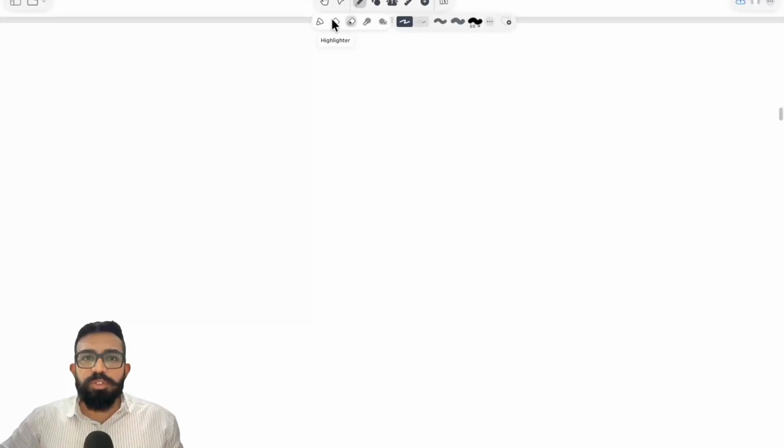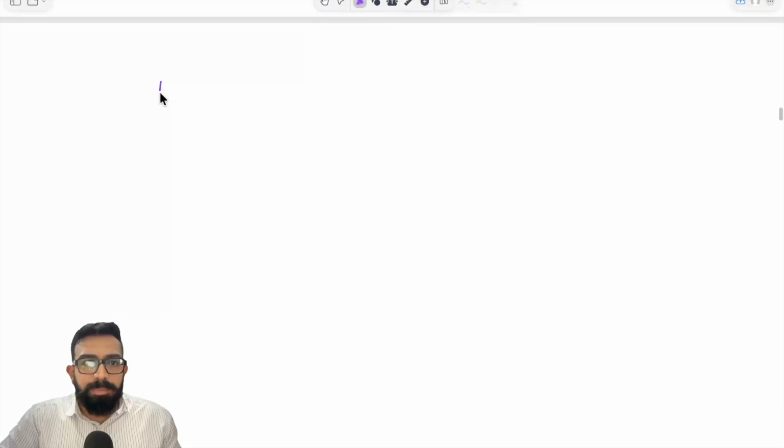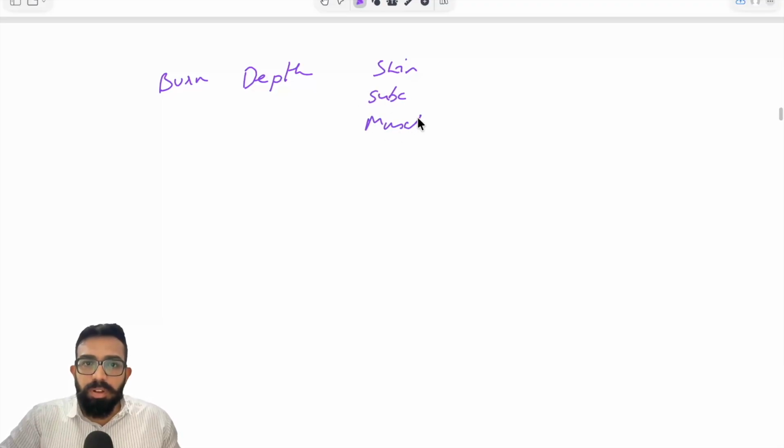Now, when it comes to burns, there is something called burn depth. Burn depth, which means how deep is the burn? Is it skin deep? Is it subcutaneous deep? Or is it muscle deep? Is it bone deep? How deep is it? That's called burn depth.